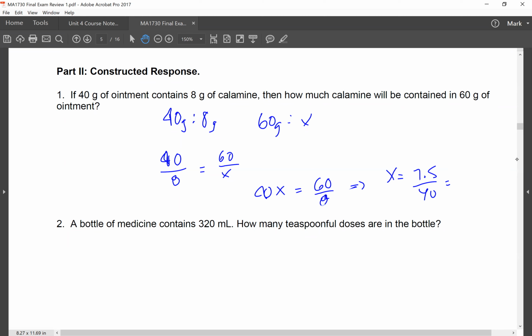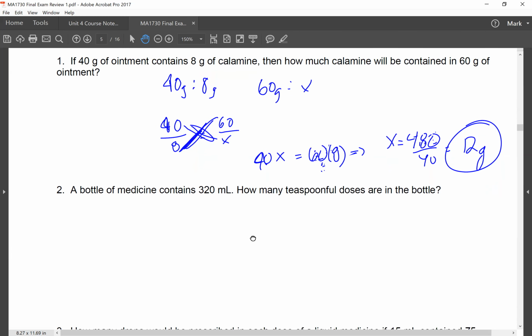Oh, sorry, 60 times 8. I'm trying to go quick, my bad. Cross multiply, right? So 60 times 8. There we go. I knew something was up with that answer. 480 over 40. So that would be 12 grams. Cross multiply: 60 times 8, 40 times x. Solve for x, no problem. That's a pretty easy one, but again, something you could see on your final.